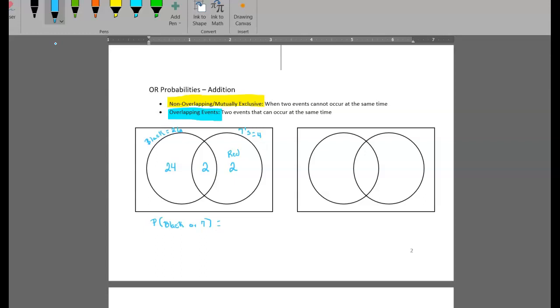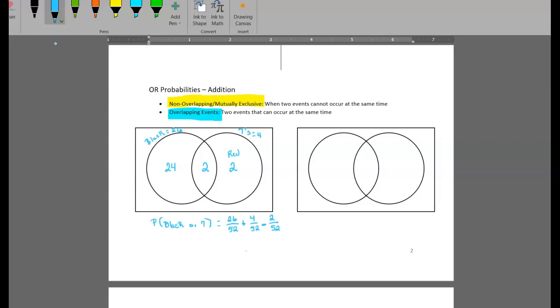We could say that there are 26 out of 52. And again, OR probabilities are addition, plus, well, we have 4 out of 52 7s, but we double counted, so we have to subtract out the 2 out of 52. So that's one way of thinking about it.